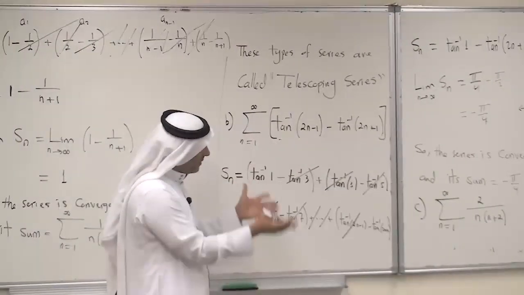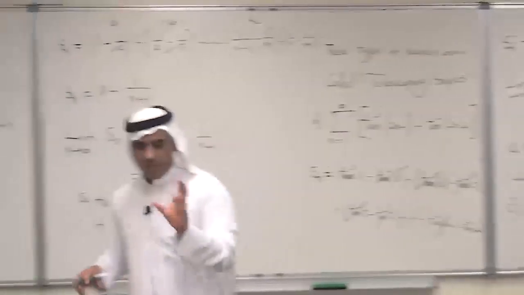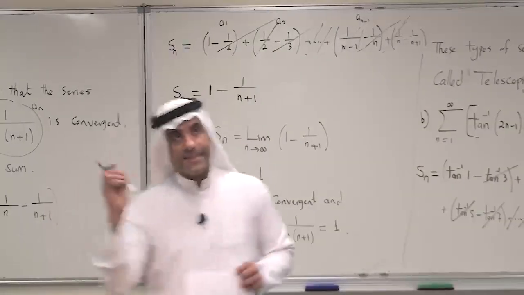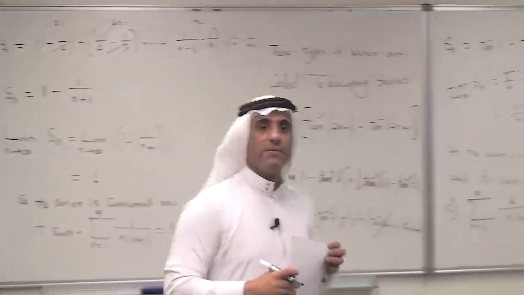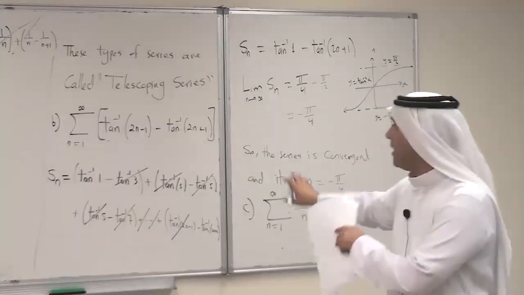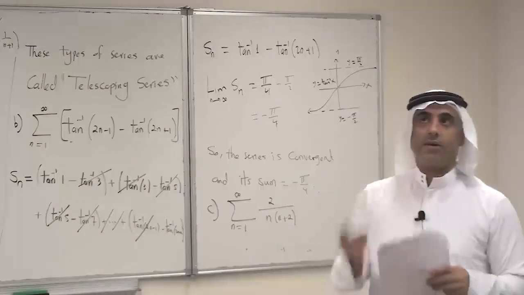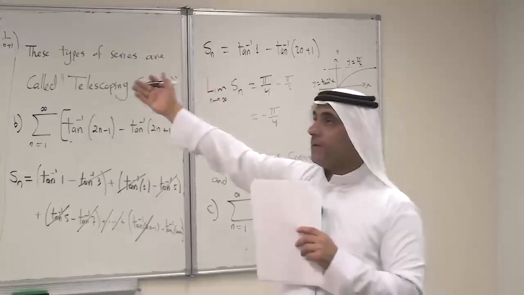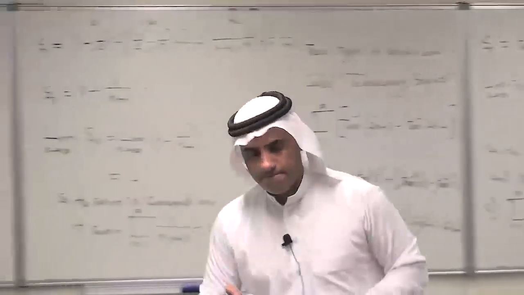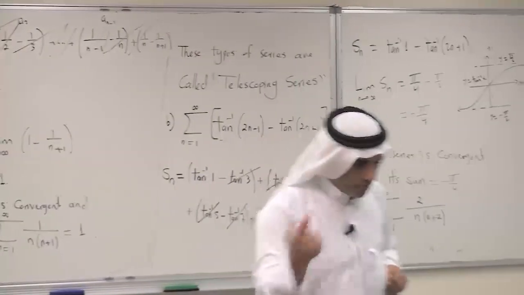Try to use partial fraction, etc. But when you open the terms, try to figure out which terms will be cancelled out, which terms will not be cancelled out. Then discuss the limit as n goes to infinity and see if this is convergent or not convergent. The only thing I needed you to observe is which terms will be cancelled out. Is it only the first and the last one? Or will more terms survive at the end? Okay, fine. That is what we did for geometric series and for telescoping series.